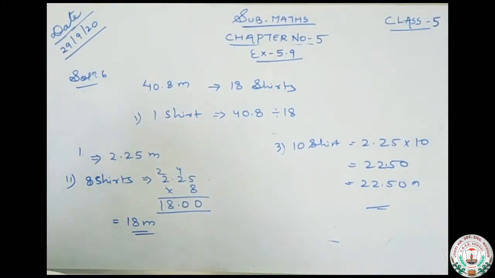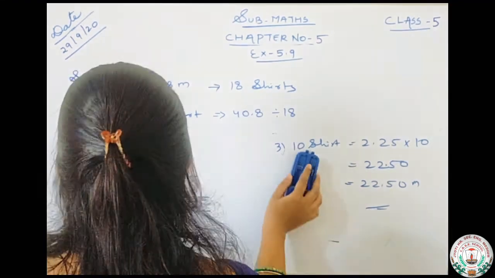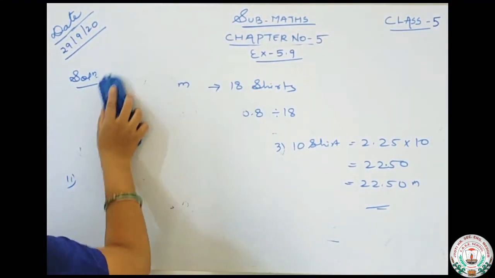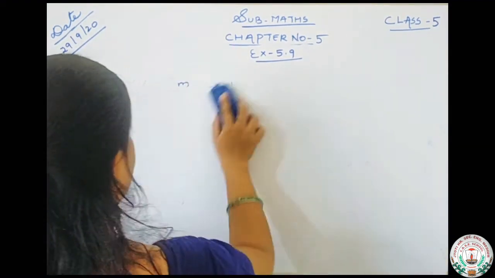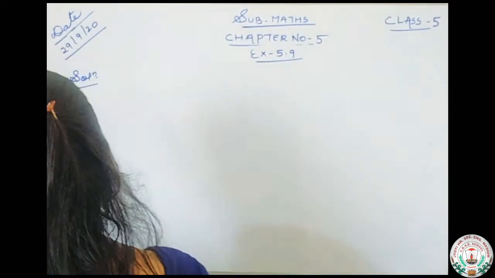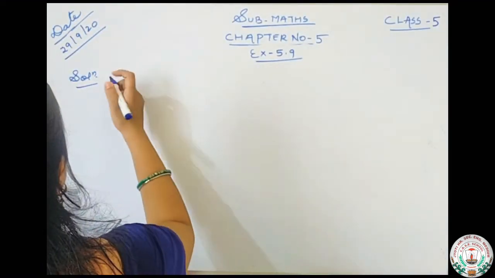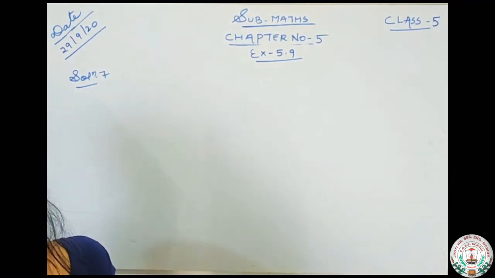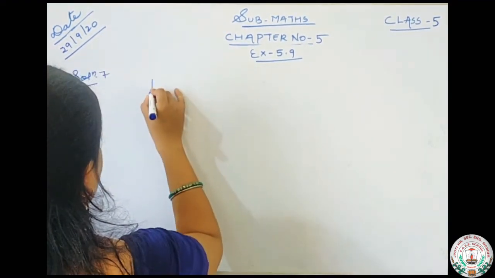Okay. Now question number 7 is: find the perimeter of a square whose side is 9.5 meter.